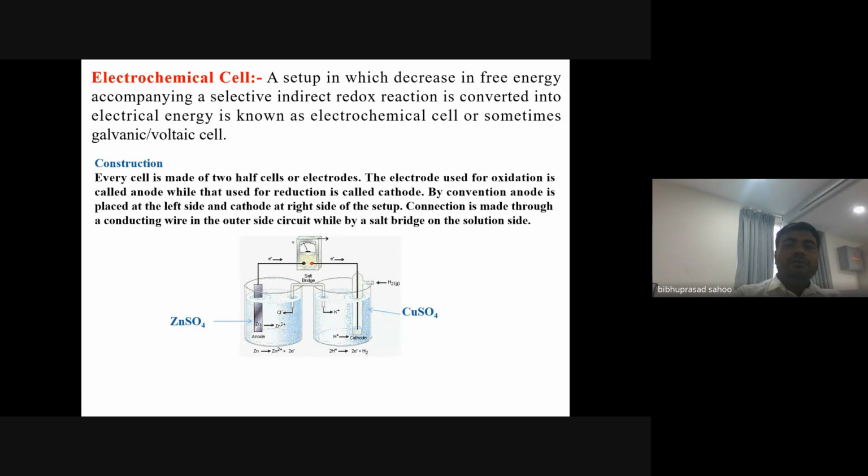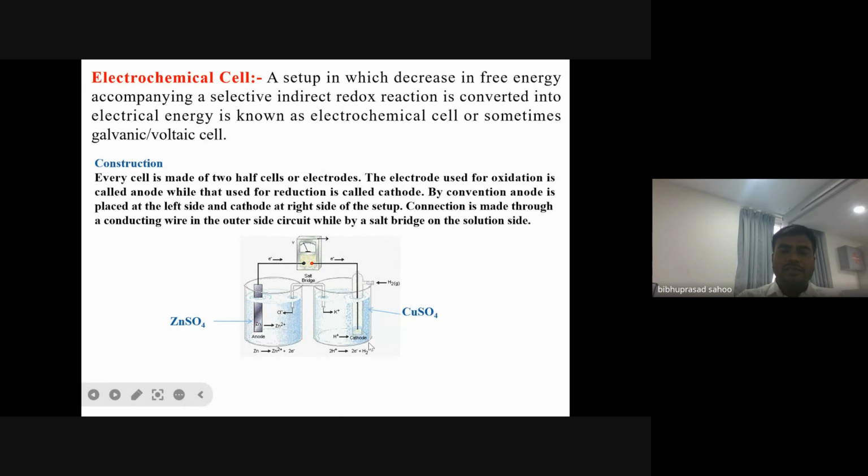Okay, students, just see this diagram. In this diagram, the very left side, the gray colored rod or slab is zinc. Below it is written anode, and on this side is another electrode, SHE, the standard hydrogen electrode.